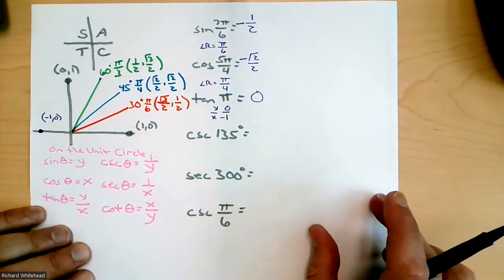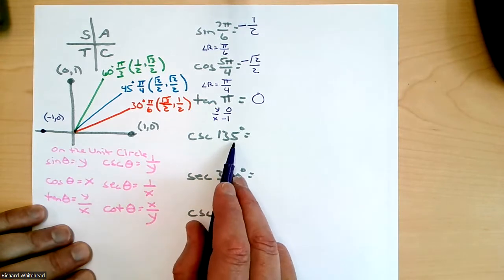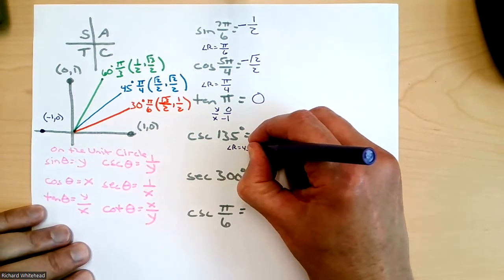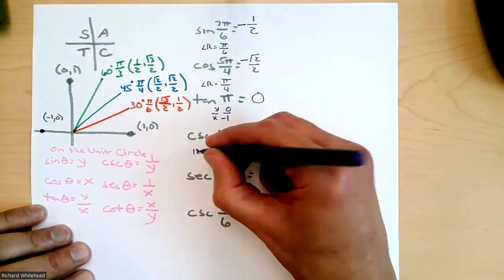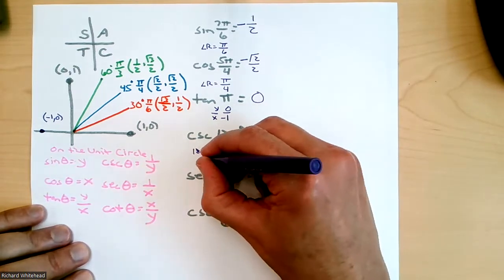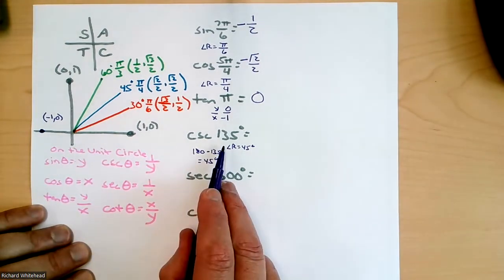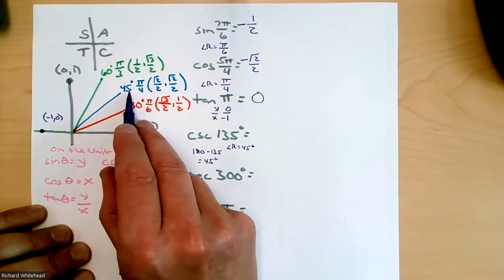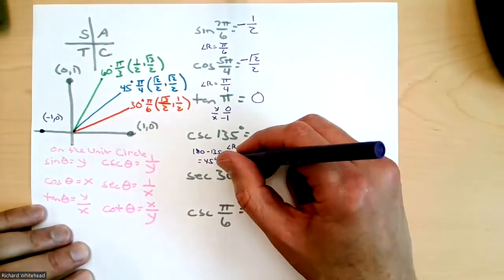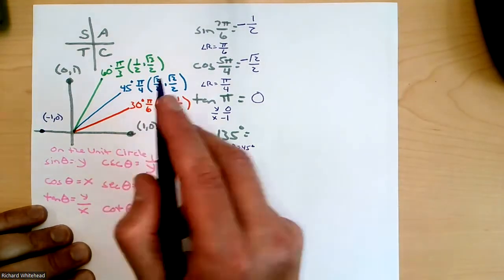Cosecant of 135. So you're saying, 135. Oh, it ends in a 5. So it's going to have a reference of 45. And if you wanted to prove it to yourself, you could say, oh, second quadrant, 180 minus 135 definitely equals 45. A reference of 45. Well, the 45s are here. So it's 1 over y, the reciprocal of the y value.